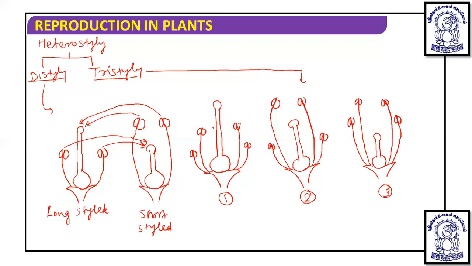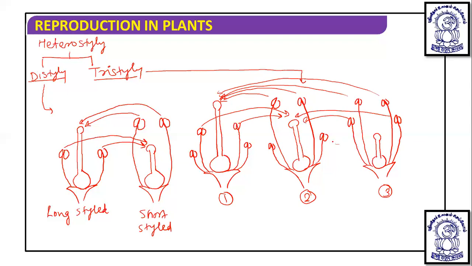Pollen from the longest anthers will pollinate the stigma of the matching height, and likewise for the medium and the lowest.